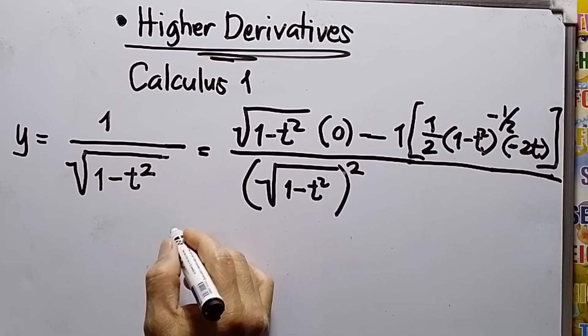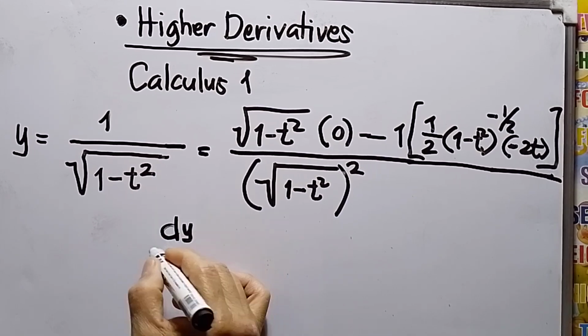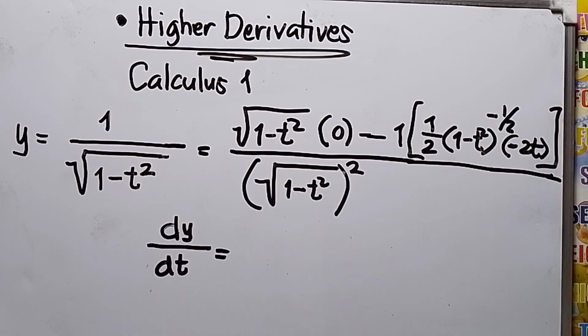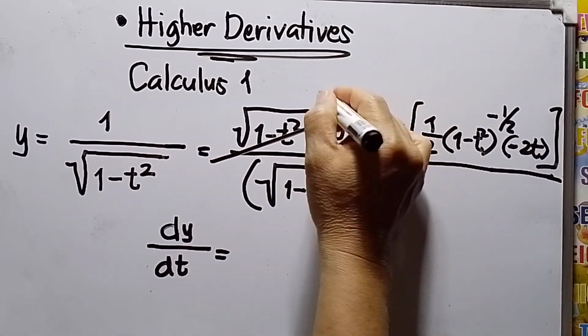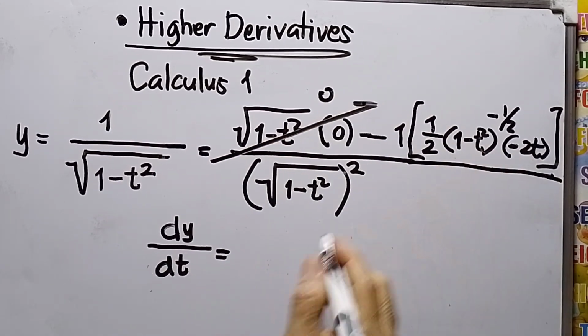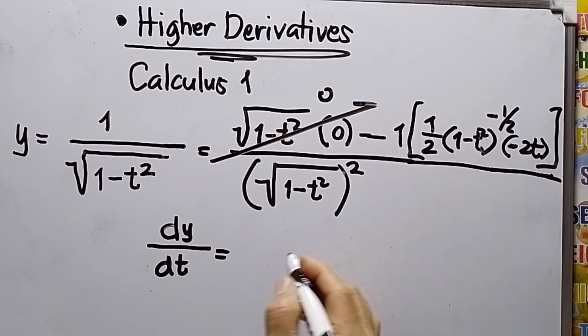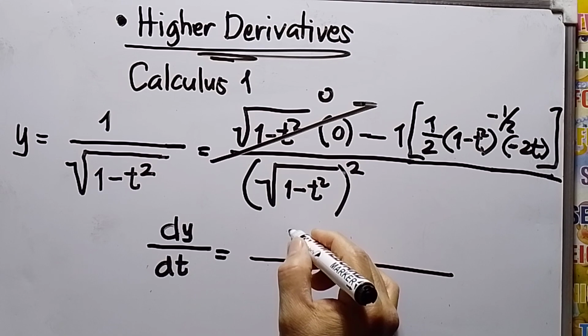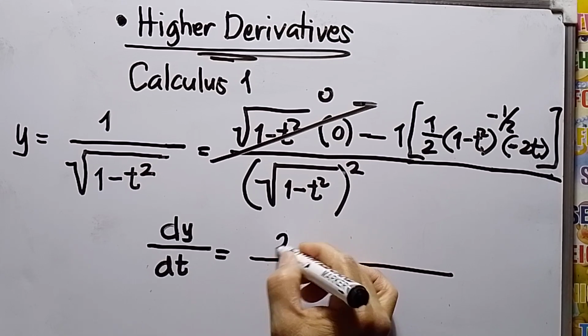So, I will take first the first derivative, dy dt. This will be 0. Then I have here negative times negative, that will be positive, so this will be 2t.